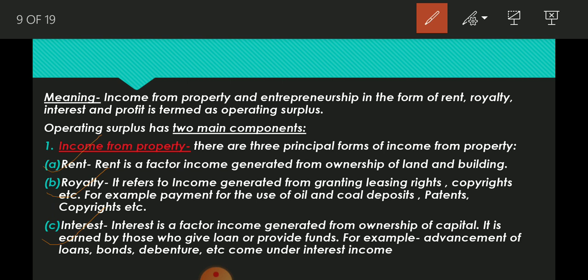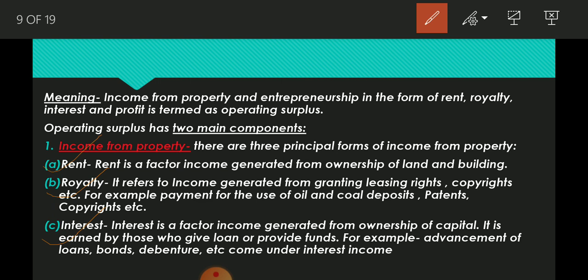Now interest. If you have capital, if you have money and you give it to any person, obviously you are able to get money in return. This is known as interest. So income from property includes three things: rent, royalty, and interest.